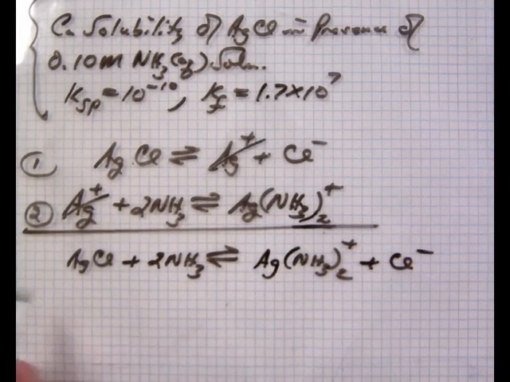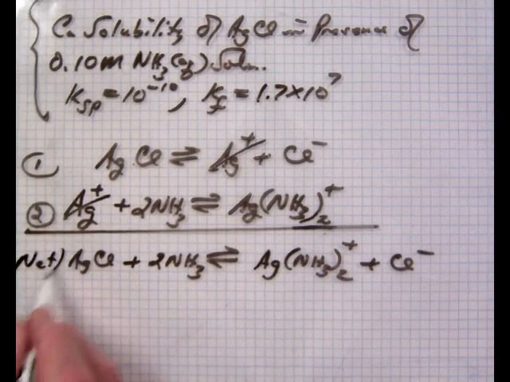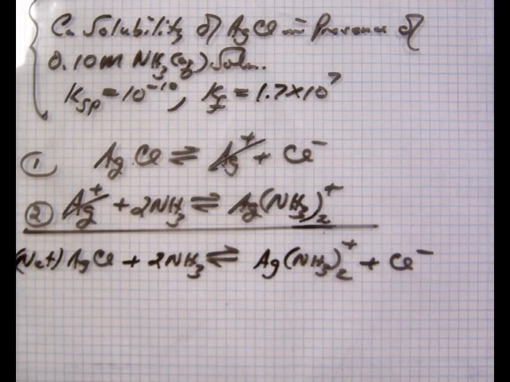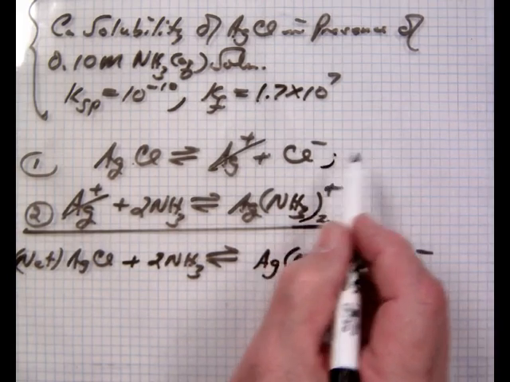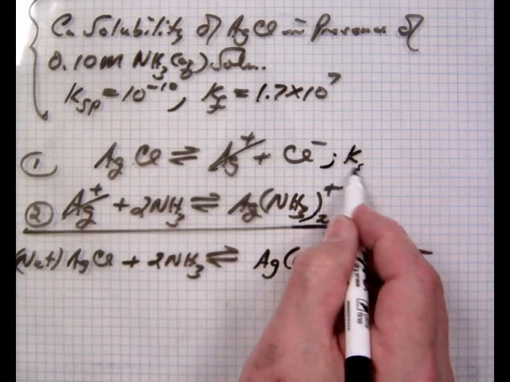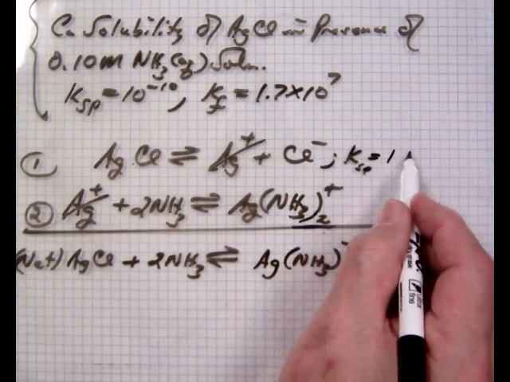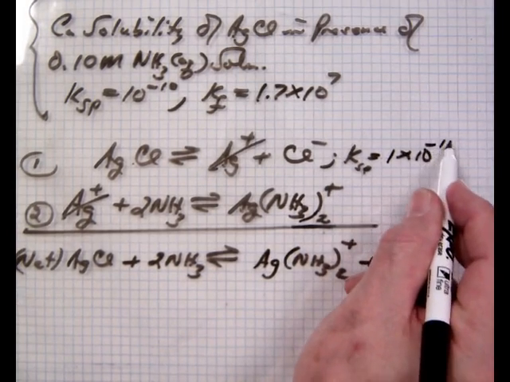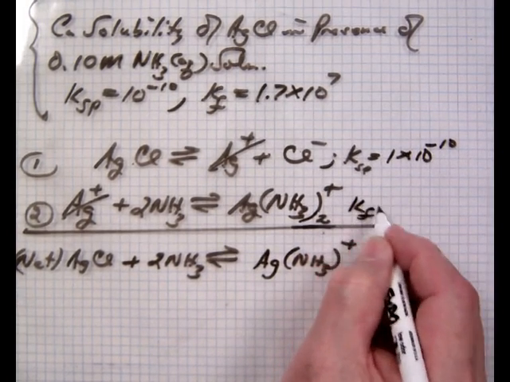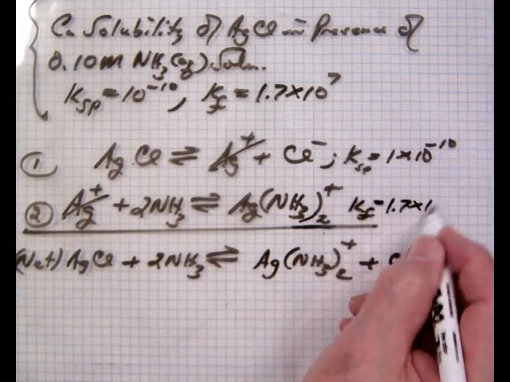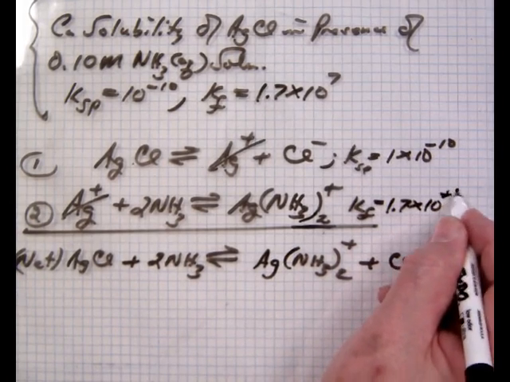Okay, so there is your net reaction of the two. Now each one has a K value. This is KSP, 1 times 10 to the minus 10, and this is K formation, 1.7 times 10 to the plus 7.